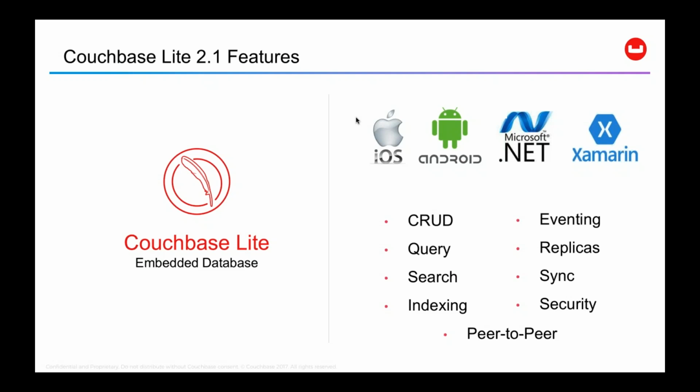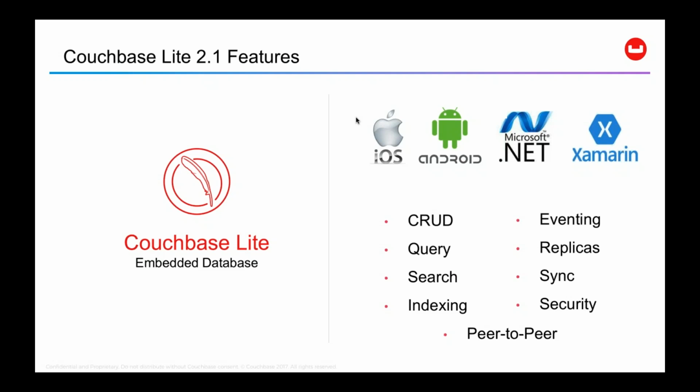On top of that, we also have added full text search capabilities, and the ability to do replicas. Very important potentially is to have a backup on the device so you can replicate data there. And then in 2.1 in particular, one of the coolest features we've added is this peer-to-peer capability.